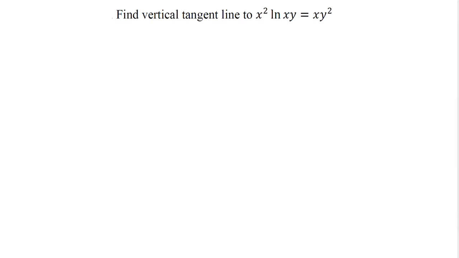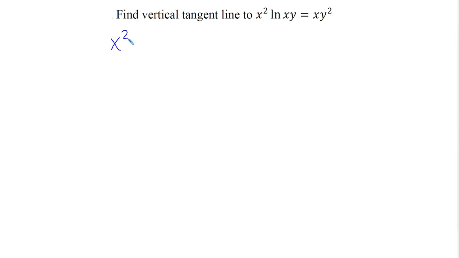But now we'll move on to this next one here, where we're looking for just the vertical tangent line to x squared ln xy equals xy squared. So luckily just a vertical tangent line this time, so not as much work to do. We'll take our derivative using the product rule, so it'll be x squared times the derivative of ln of xy.